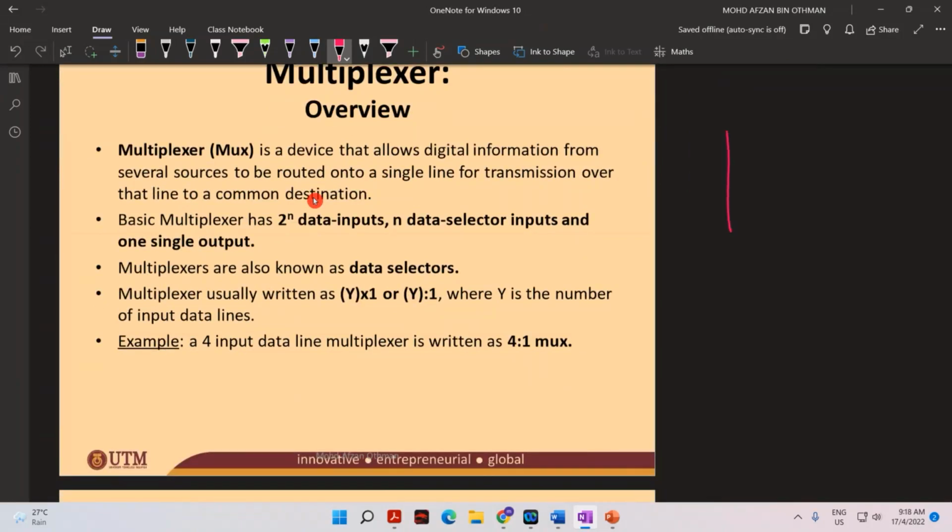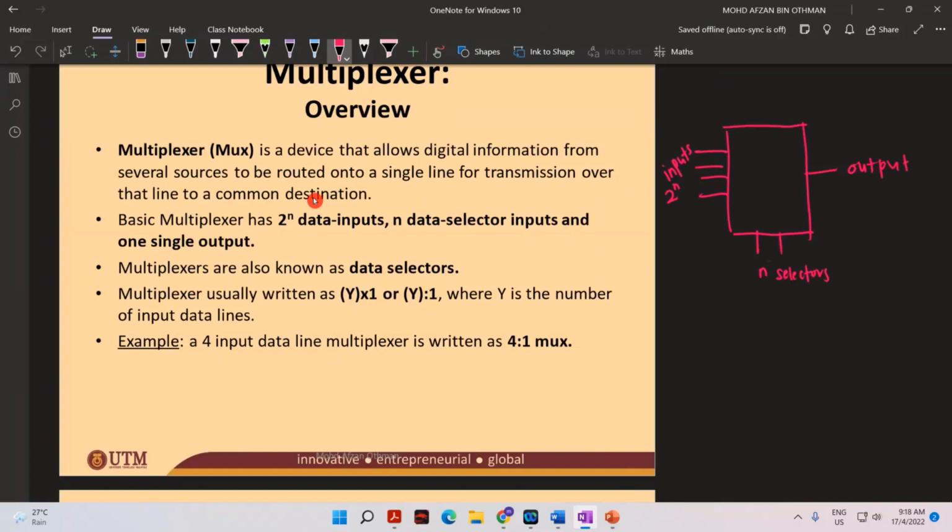So this is a multiplexer. You will have the inputs section, which is 2 power of n inputs, and then you have n selectors, and there is only one output.